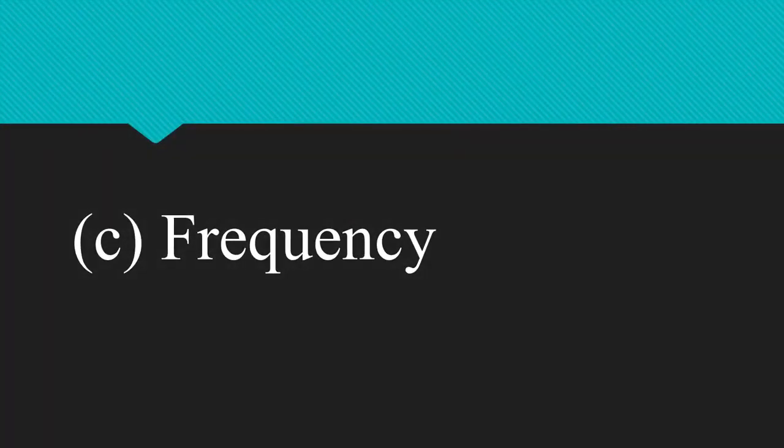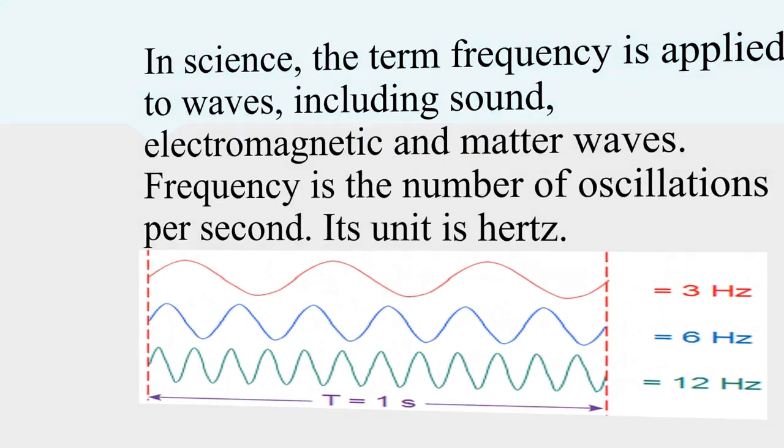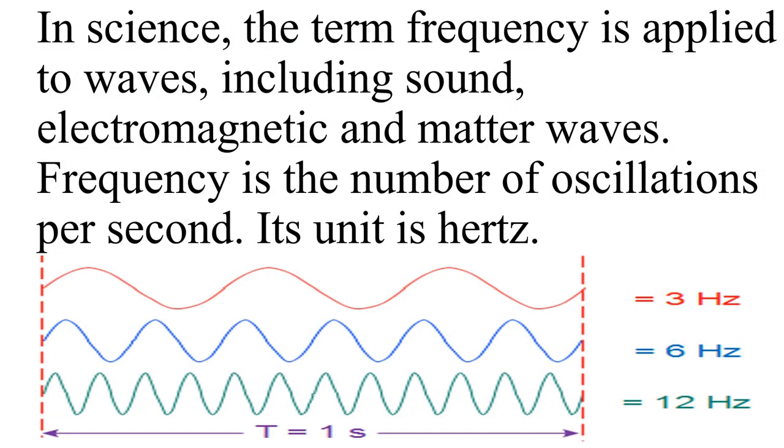Term C is frequency. In science, the term frequency is applied to waves, including sound, electromagnetic, and matter waves. Frequency is the number of oscillations per second. Its unit is hertz.